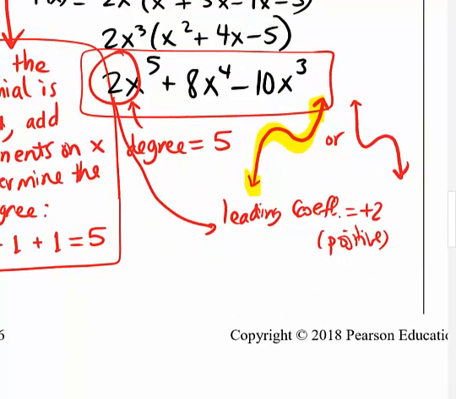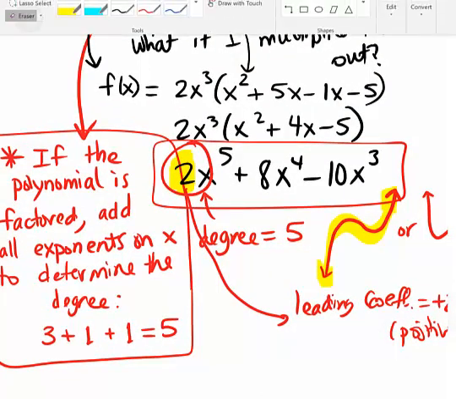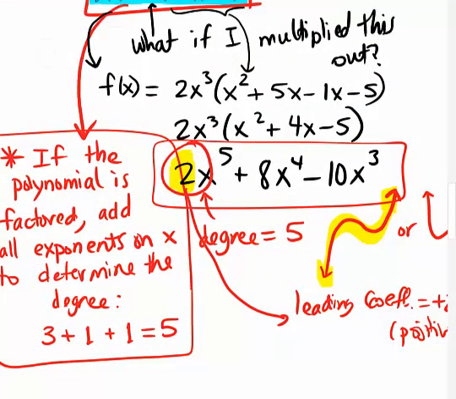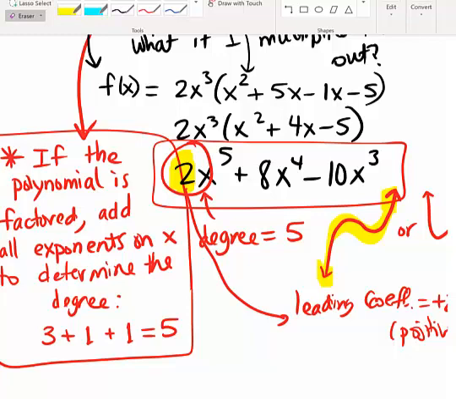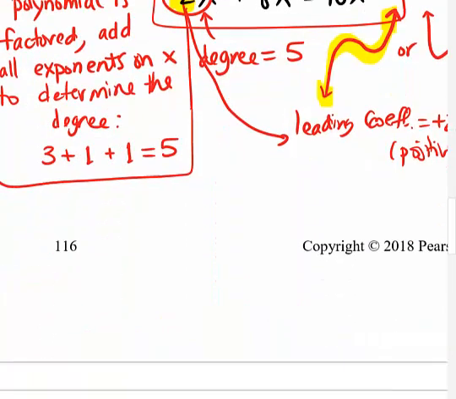It was clear to me what the leading coefficient was because we multiplied it out. But if you didn't want to multiply it out, and wanted to leave it in its factored form like this, because a lot of times it's a lot of work to multiply it out, then to find the leading coefficient, you would multiply all the coefficients of x. This was a 2 times a 1 times a 1 here, which is 2.